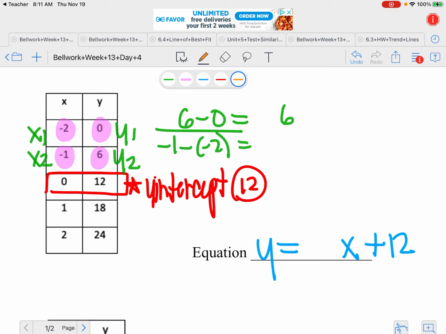This part you have to watch out for, because if there's minus a negative, that turns into a positive. So then it would say negative 1 plus 2, which is just 1. And then 6 over 1 is just 6. So now I know that my slope is 6. So I can come down in my equation. The entire thing would now be y equals 6x plus 12.